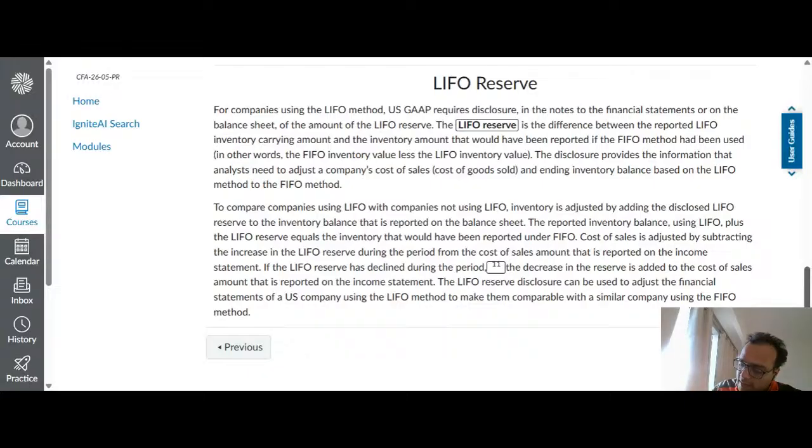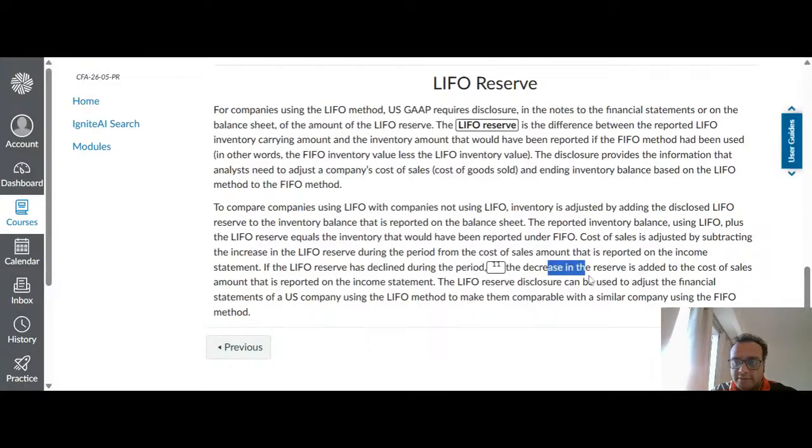Okay, and if there is a reduction in LIFO reserve, it means you have to reduce your inventory and therefore you have to increase your cost of sales.